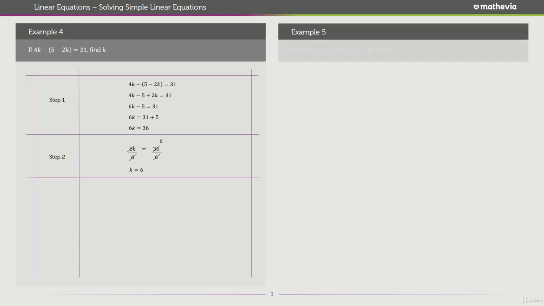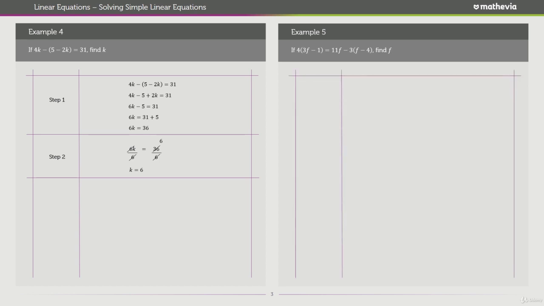Now our final example, example 5: if 4 multiplying (3f minus 1) equals 11f minus 3 multiplying (f minus 4), find f. It looks a bit complicated, but it's actually simple. Let's get into it. Now it's just expansion.